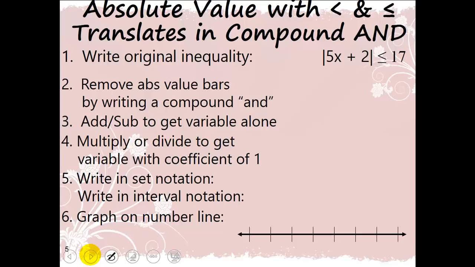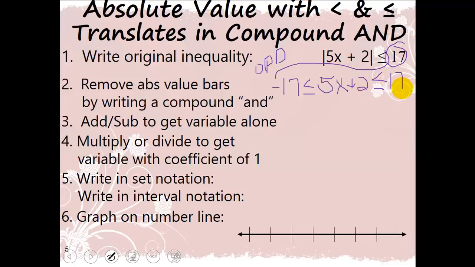All right, we're going to write a compound and. We're going to take the opposite, and we're going to go -17 is less than or equal to 5x plus 2. Notice I don't have any absolute value bars, and then I'm going to take the positive of this number. Okay, I have to get the x all alone, so I'm going to subtract 2 from every section.